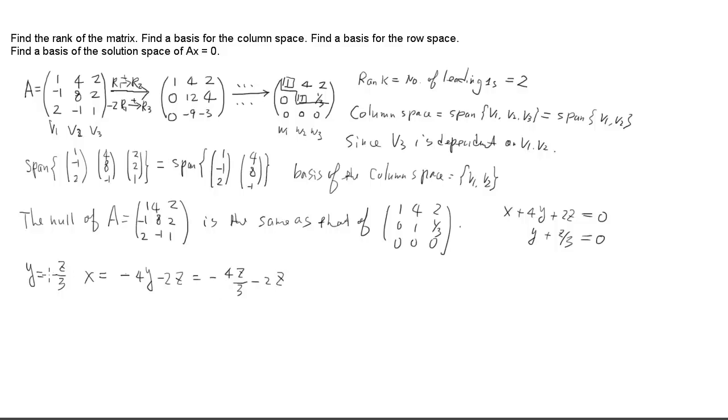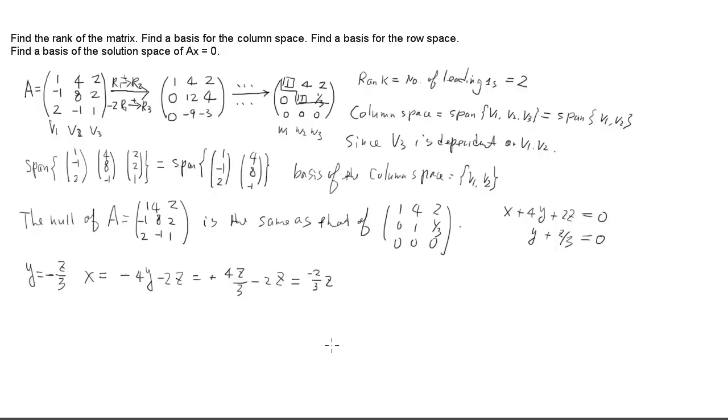I think I lost the negative sign: y should be negative z over 3, and then this is going to be positive, so we should have negative 2 over 3 z.